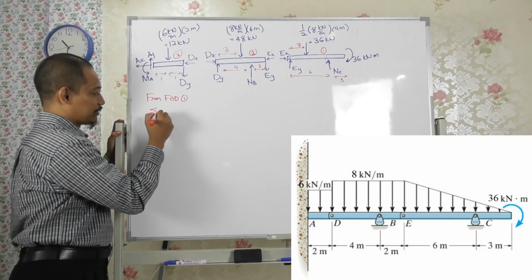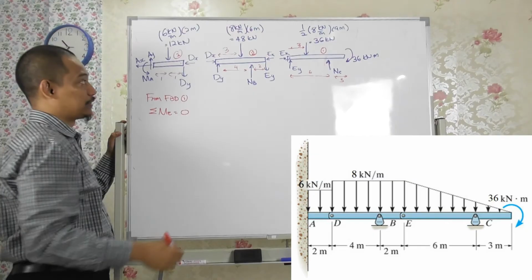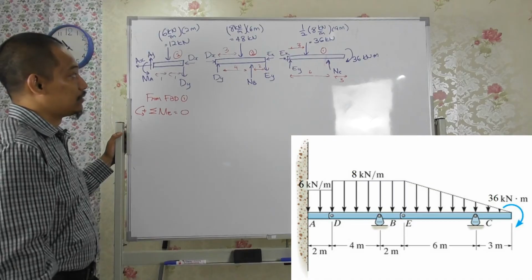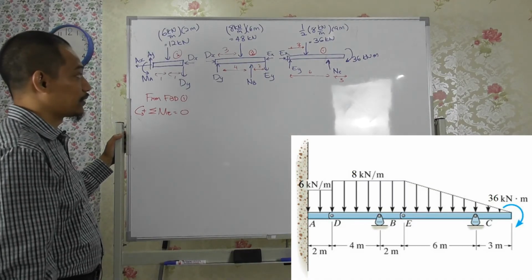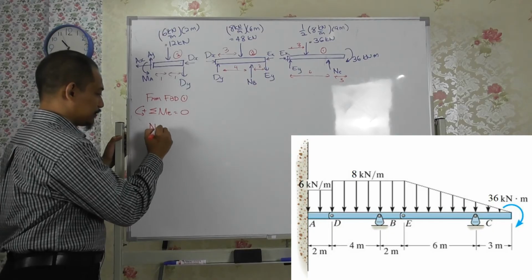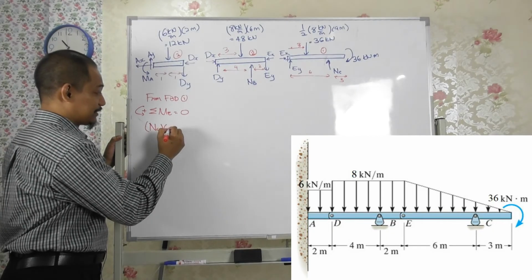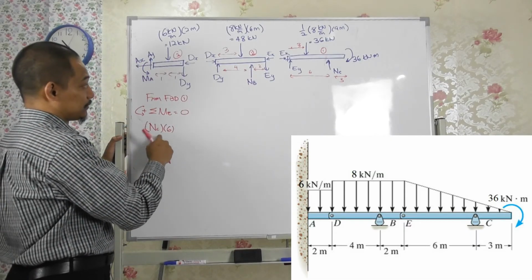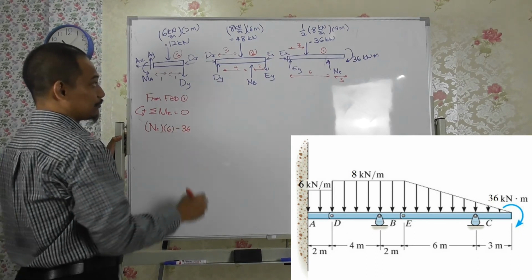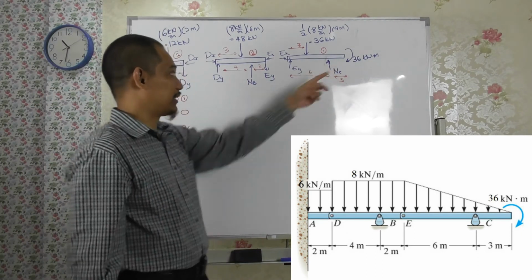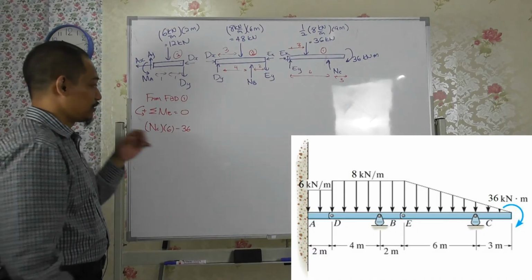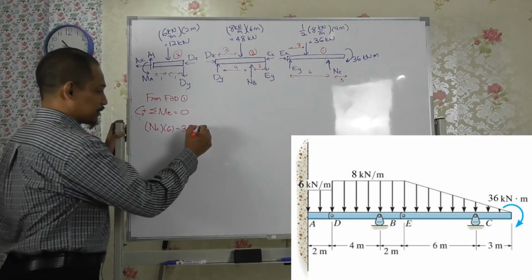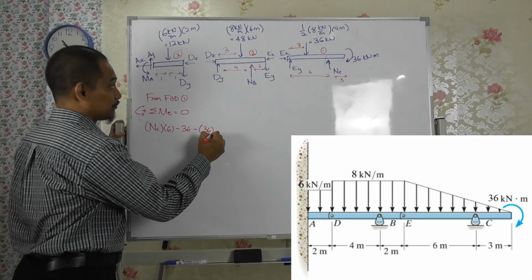Easiest way to start is summation of moment about point E equal to 0, right? Moment about point E. So if I take counterclockwise as positive, I have NC times a distance of 6, okay, it's counterclockwise, and then I have minus 36 there from this couple moment there, so it is minus because it is clockwise, and then I have another minus because this one is also produced clockwise, so 36 times a distance of 3.